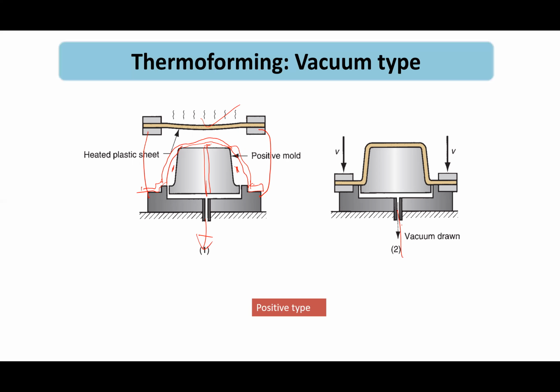When you suck out the air, the plastic material sticks to the surface of the convex shape of the die. Then you allow some time for solidification, and then you take it out. This is the positive type die.